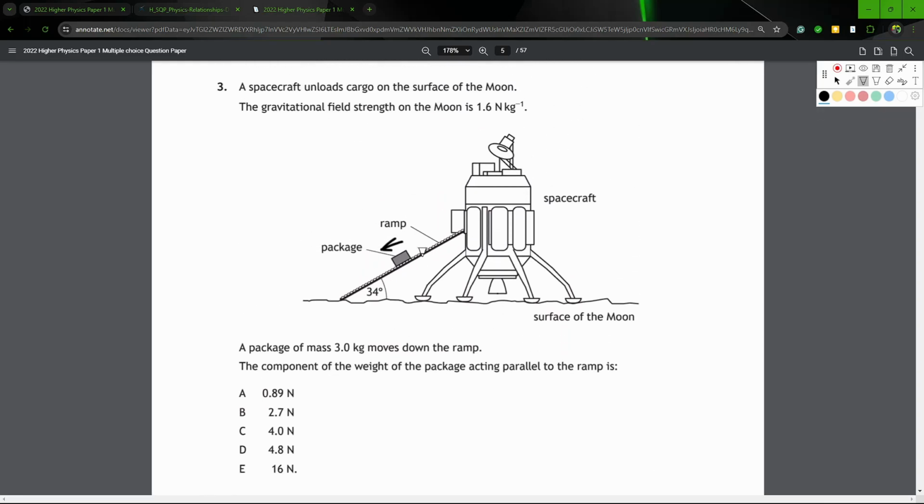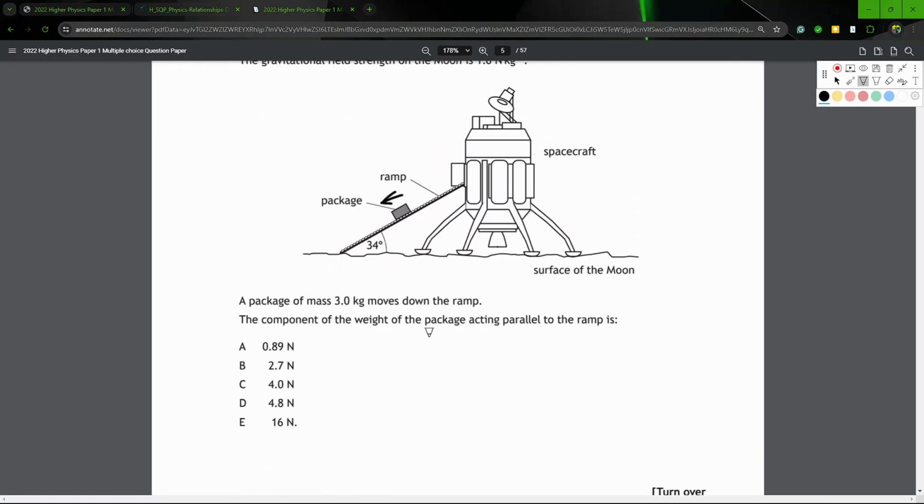This means that we're going to have to choose our force equations. So the force we want is the total force, and then we can think about it for a second.